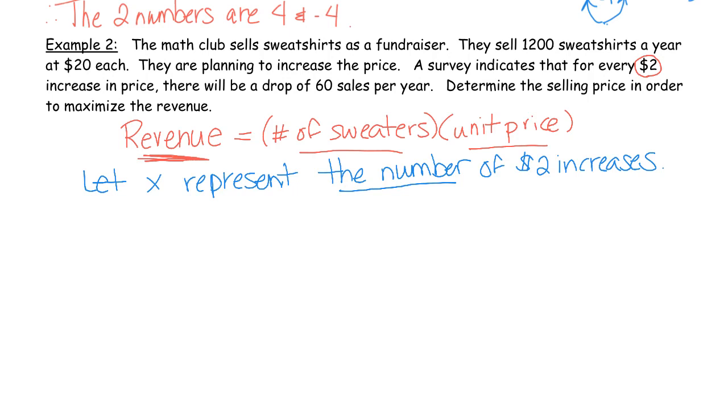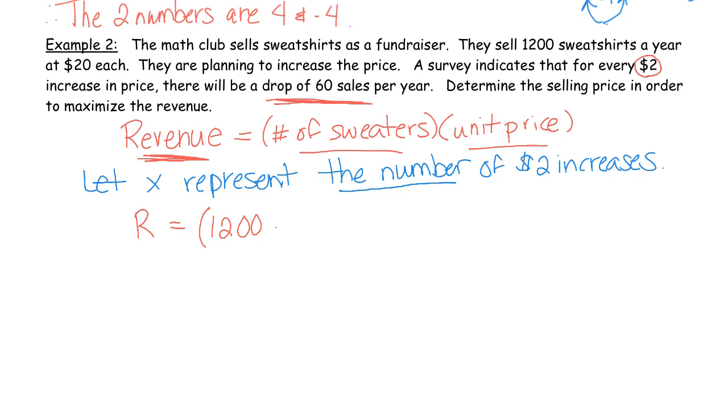So if I have X representing the number of increases, I'm going to get back to that revenue equation. And I know that originally the number of sweaters I sell is 1,200. But we're going to have a drop of 60 sales per year for every $2 increase.